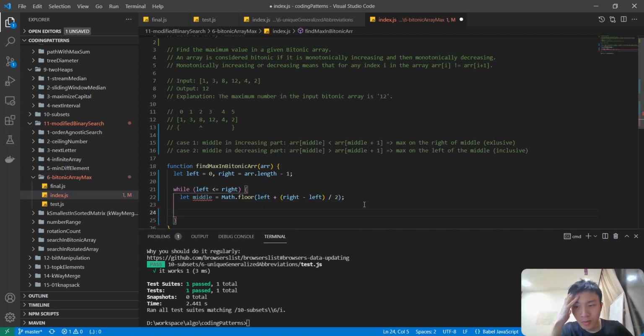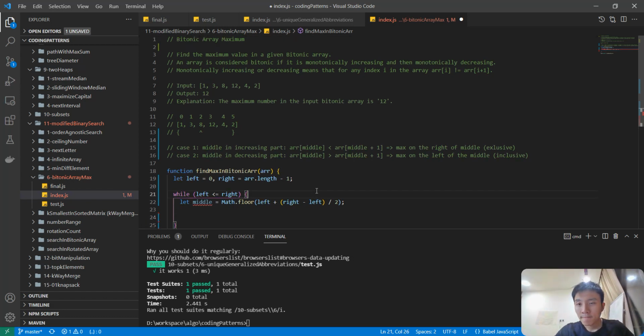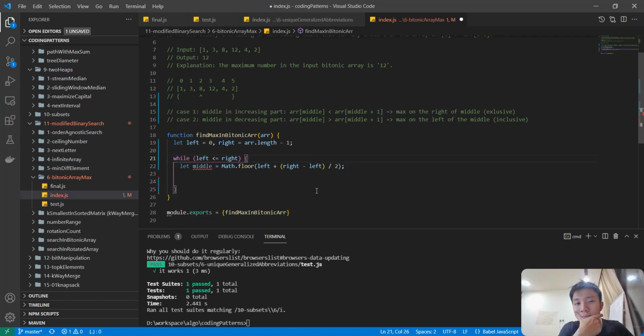The next thing that we want to do here is to know whether the middle is in the increasing part or in the decreasing part, so that we can limit our search space by half, right?